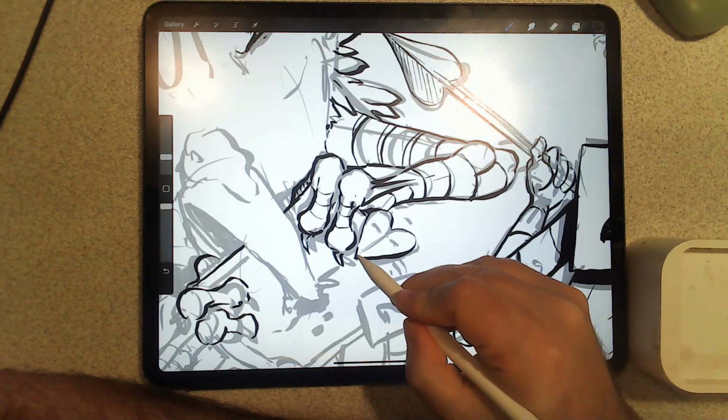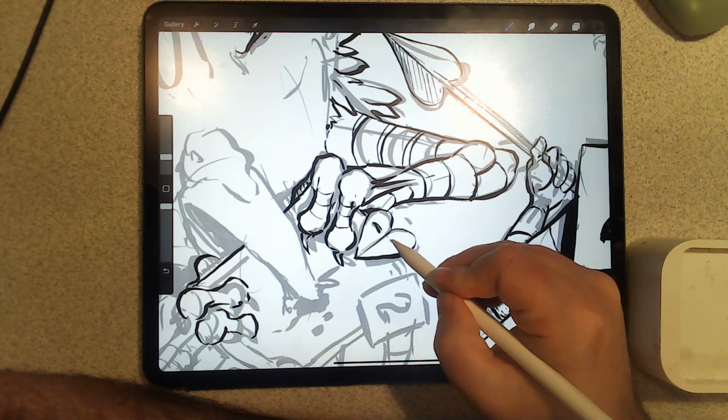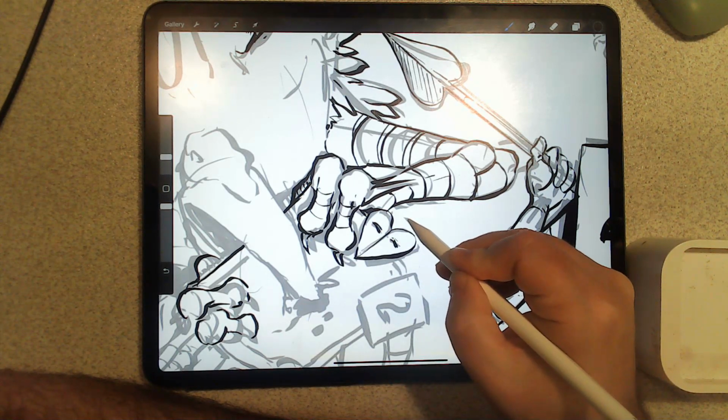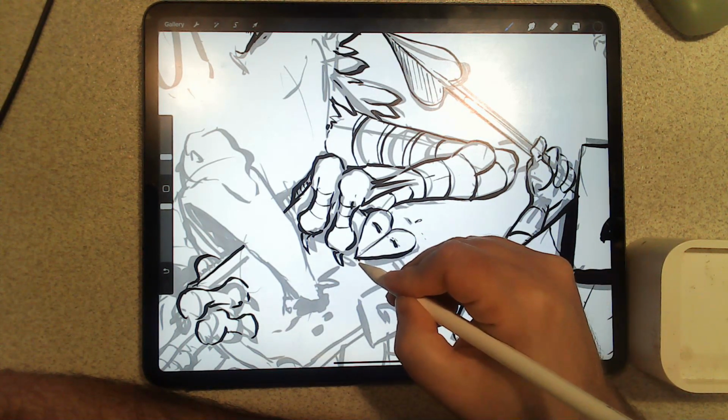Okay, there's my bisecting line on the front. He's dying. There we go.